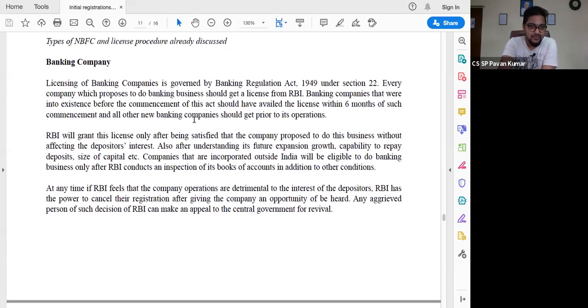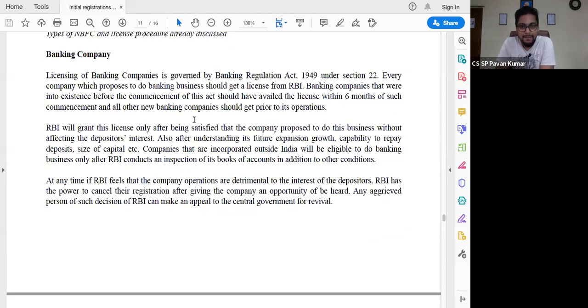Coming to a banking company. Licenses of banking companies are governed by the Banking Regulation Act 1949 under section 22. Every company which proposes to do banking business should get a license from RBI. So RBI only does this. A banking company that was in existence before the commencement of this act should get this license under this act within 6 months from the day of its commencement.